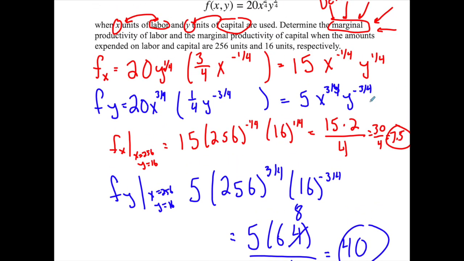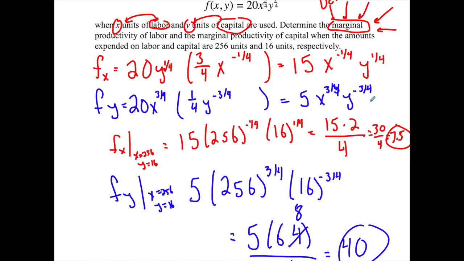So what does this mean? Remember, the marginal means how much additional are you getting out. What is the marginal productivity of capital? It's the amount of additional productivity you get as you add a unit of capital, right? So if I dump in another unit of labor at this point, I'm getting 7.5 units of productivity out of that.